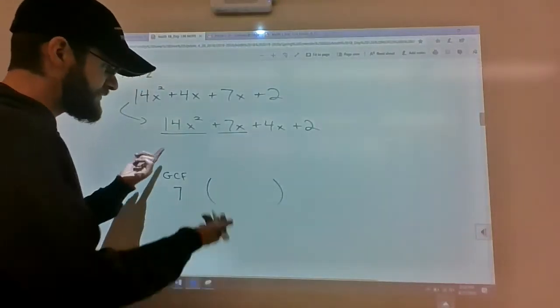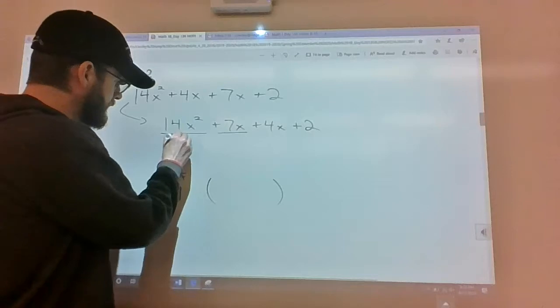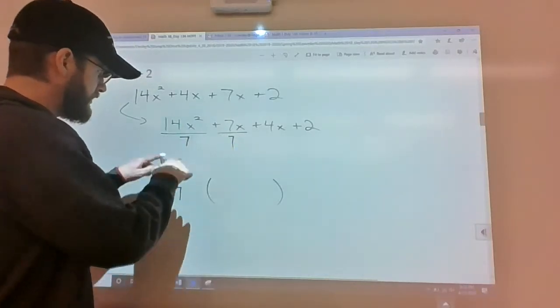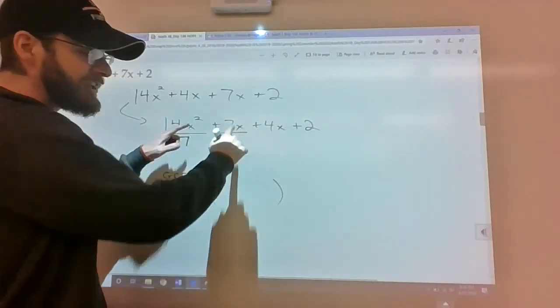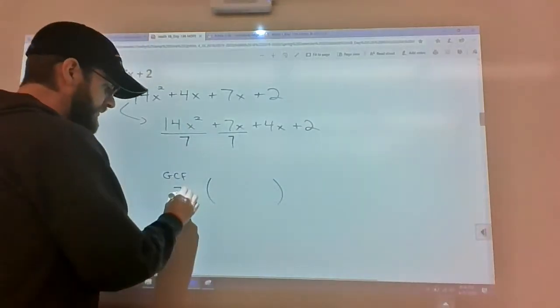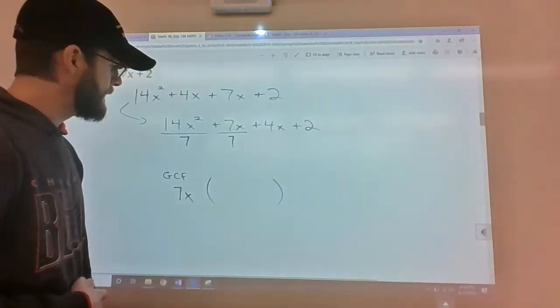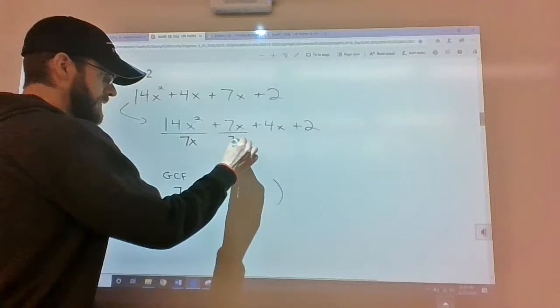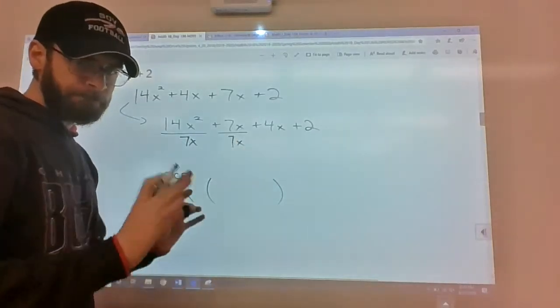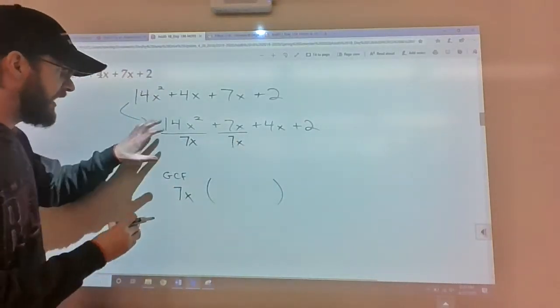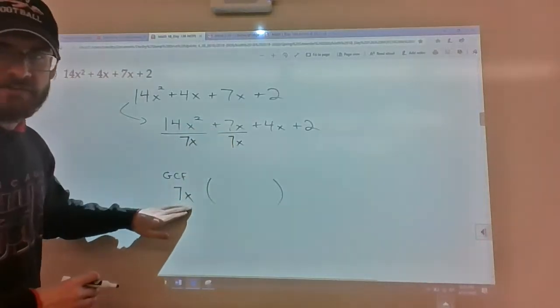So you're dividing by the GCF. X squared and x both contain an x, so that's also a part of the GCF. So the greatest common factor of these two terms is 7x.